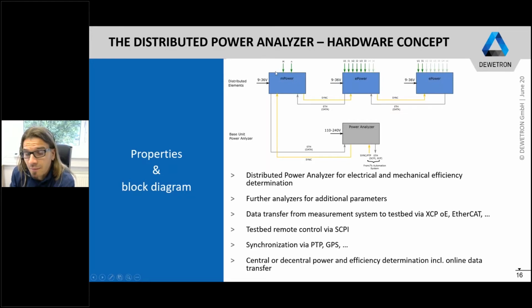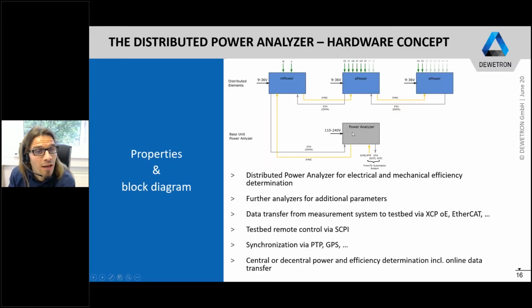All these distributed elements can be placed directly at the measurement point, so you can get rid of long signal and long sensor cables. The distributed elements themselves are connected over a LAN interface to the base unit power analyzer. So the data from the distributed elements to the base unit power analyzer is transferred over Ethernet, and vice versa.